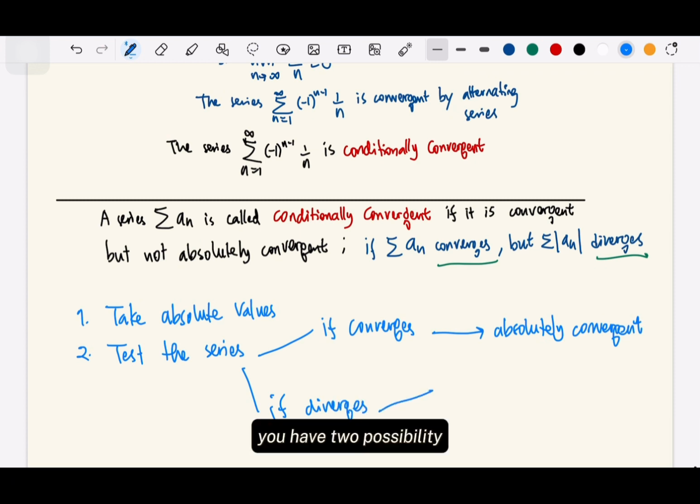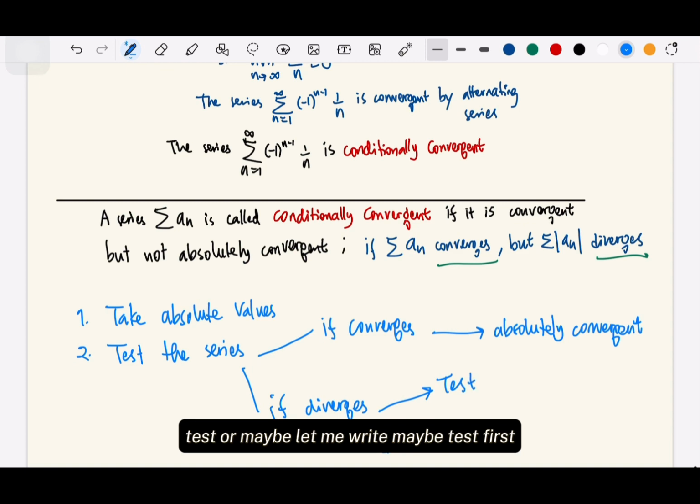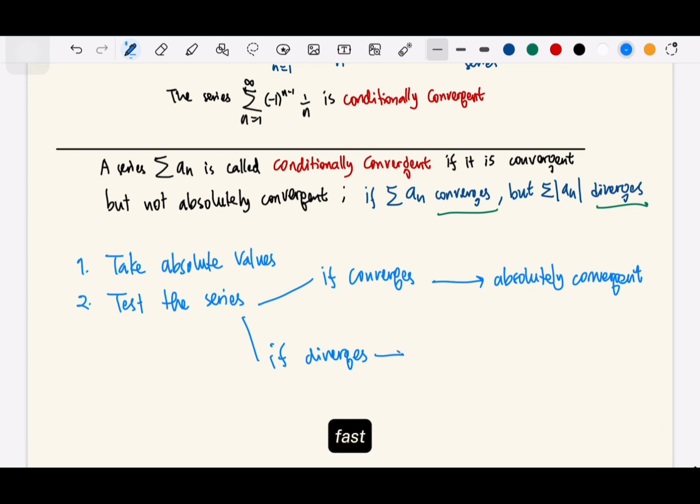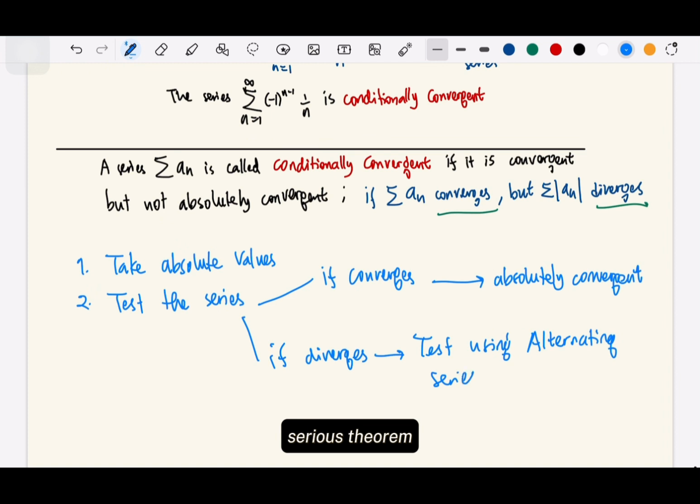Test using the alternating series theorem.